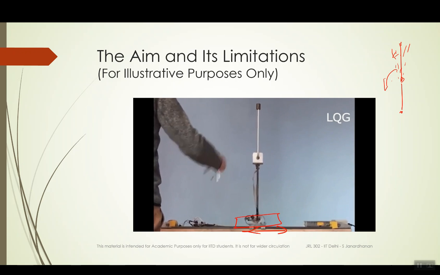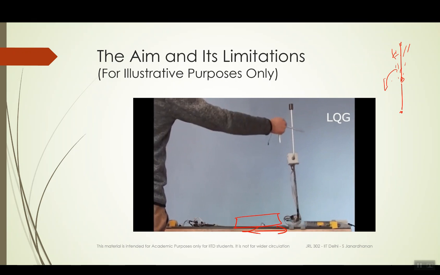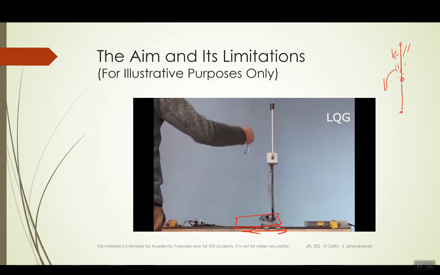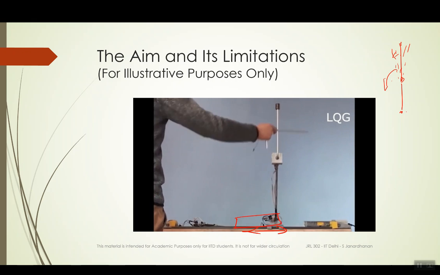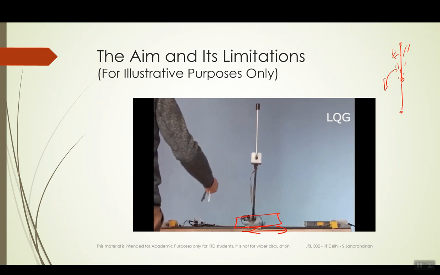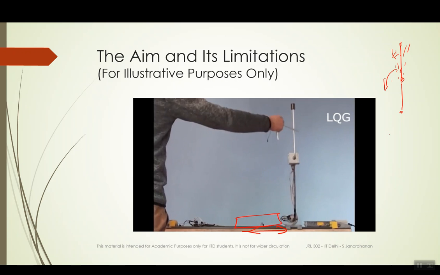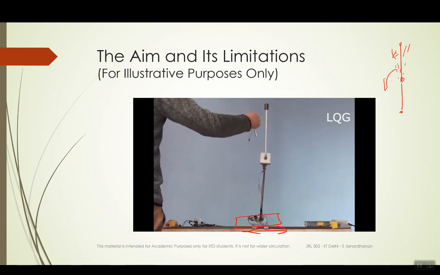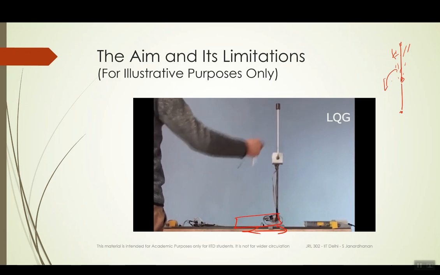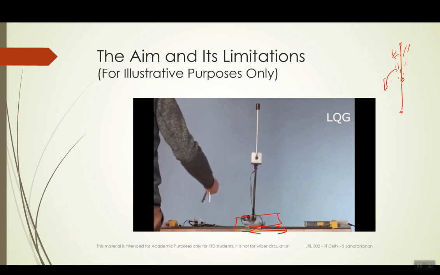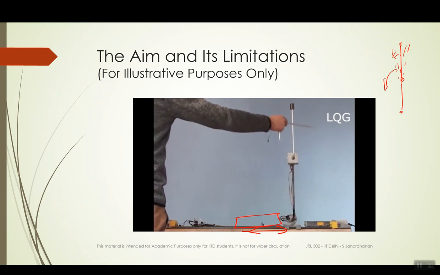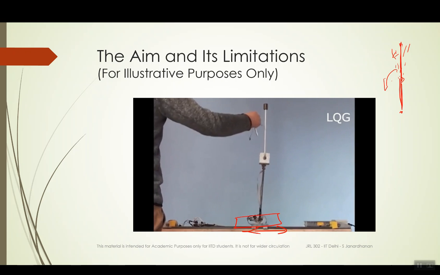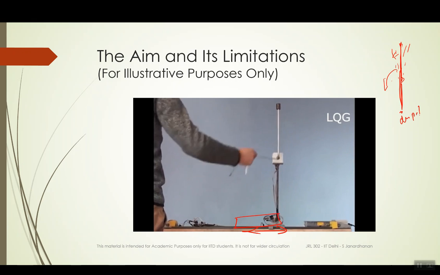And the aim of the control is that the pendulum position remains in the vertical position despite any disturbances that are given to it, like the tapping that is seen in this video.